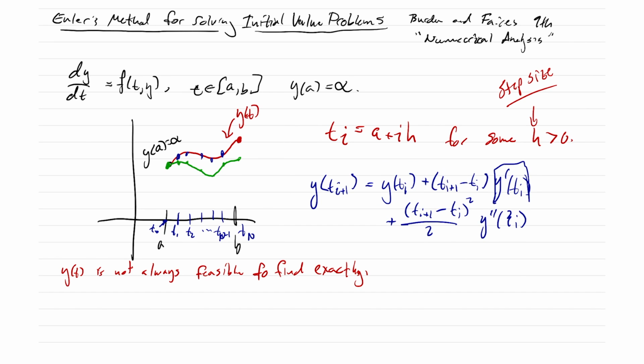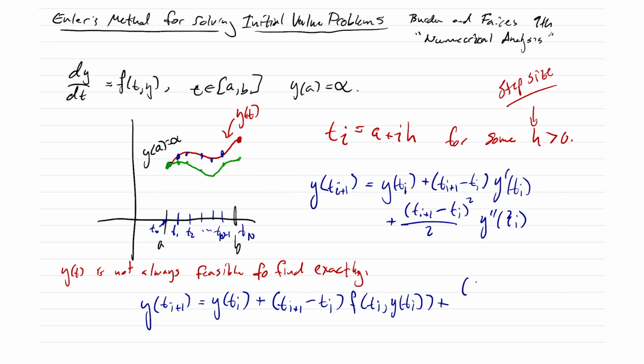But how do you find y prime? Well, we don't even know y. Well, it turns out y satisfies this differential equation. So in here I can write this. I get y of t i plus 1 is equal to y of t i plus t i plus 1 minus t i times f of t i comma y of t i, plus our error term, t i plus 1 minus t i squared divided by 2 times y double prime at c i. Okay.